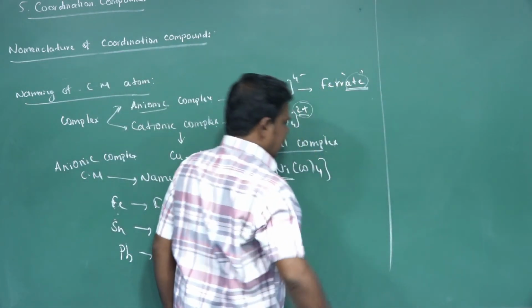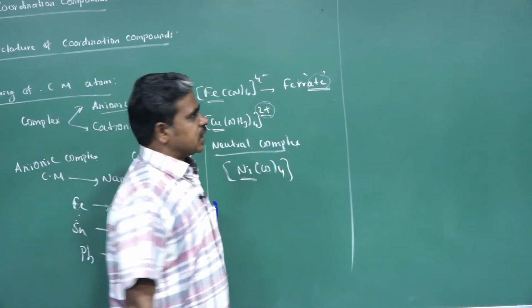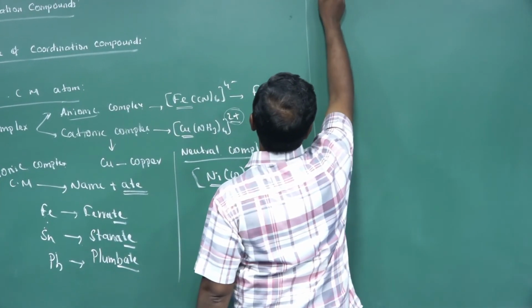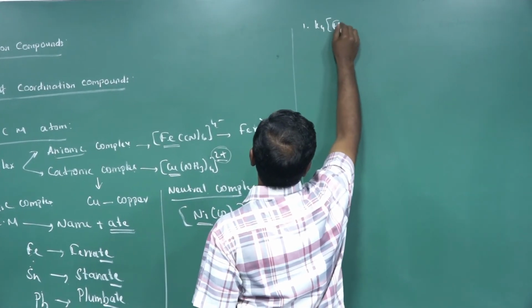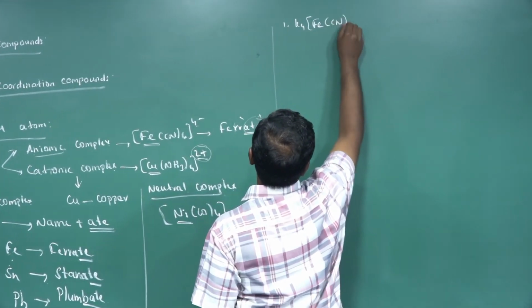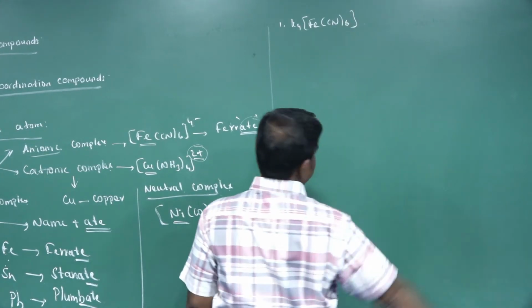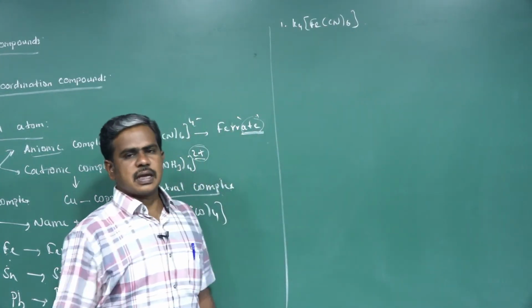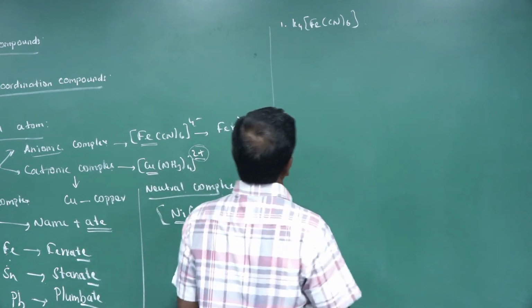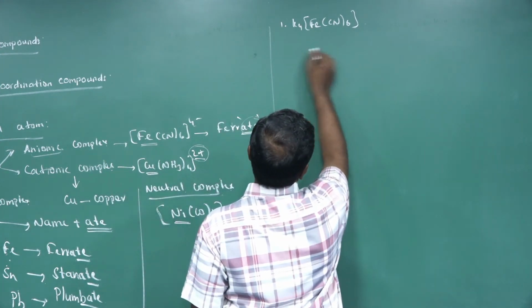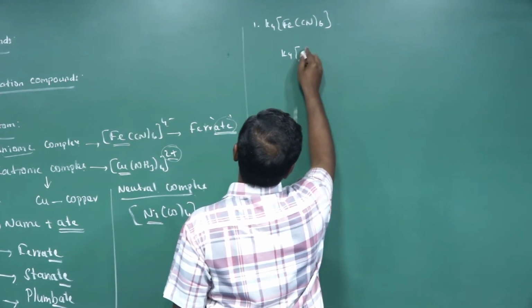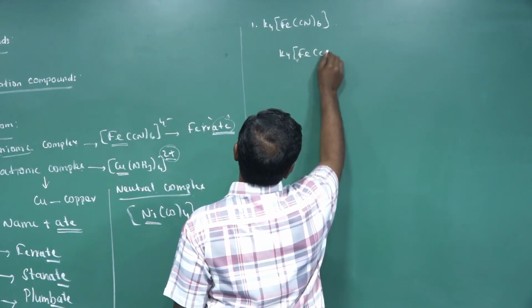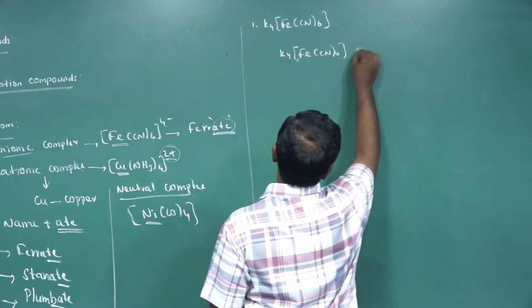Now we may take an example. The first example is K4[Fe(CN)6]. Now what is the name? First we split it. K4[Fe(CN)6].